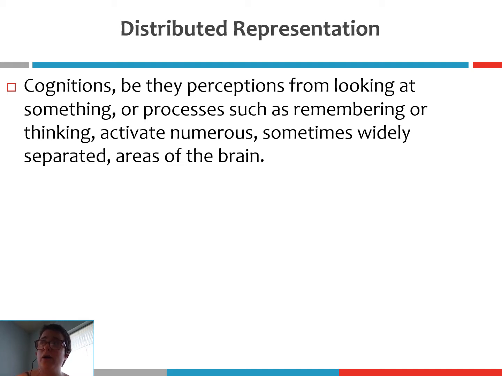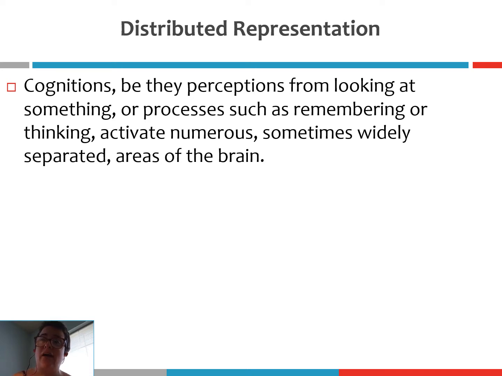But for most of the complex cognitions that we are capable of as human beings, we can't pinpoint a single area of the brain or a single neural structure.